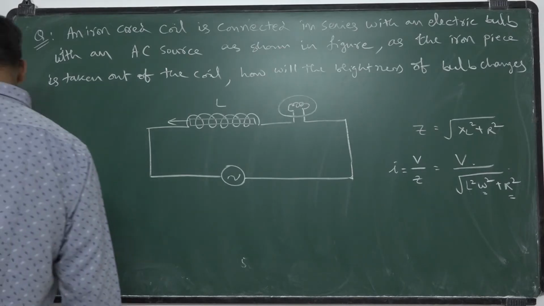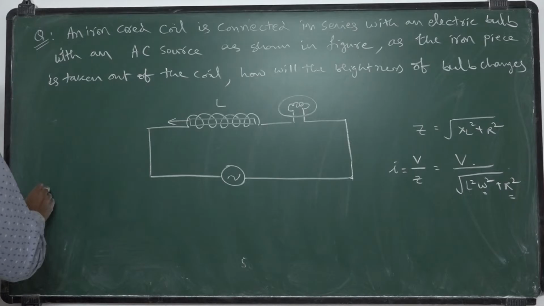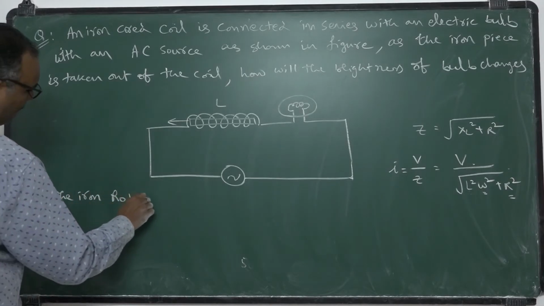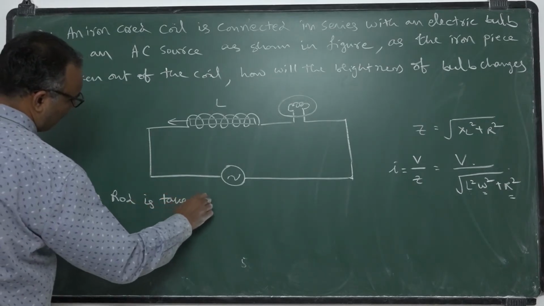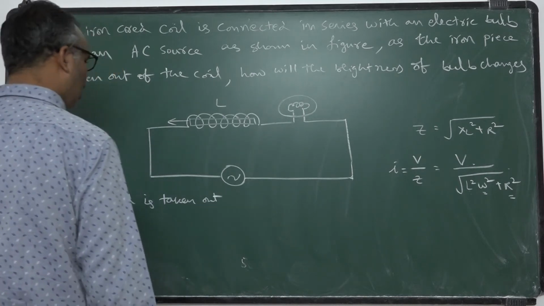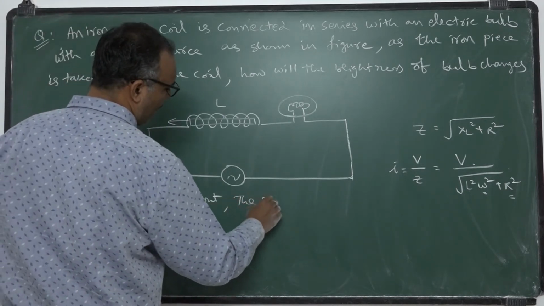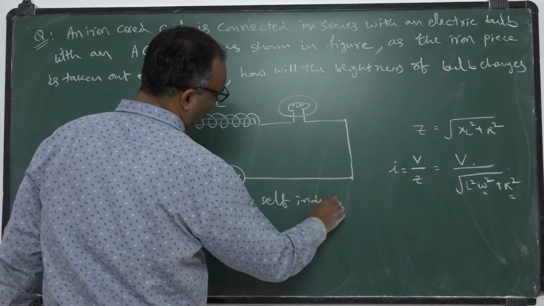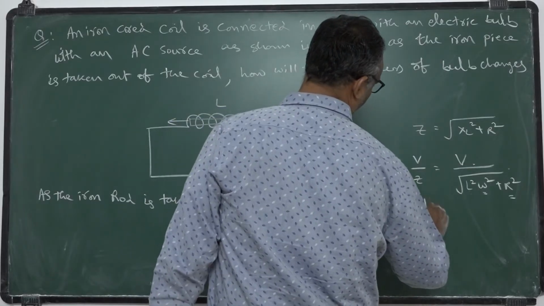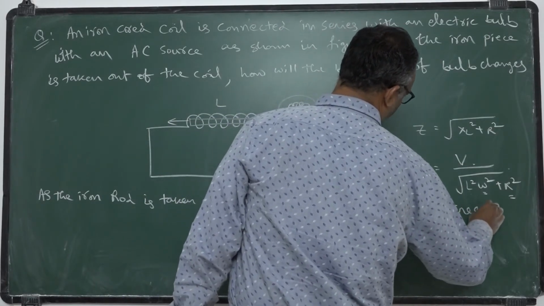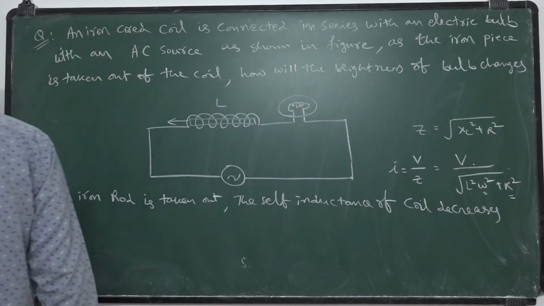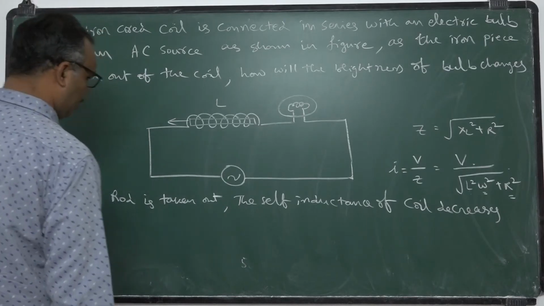So the solution is like this. As the iron rod is taken out, the self-inductance of the coil decreases. As self-inductance of the coil is decreasing, impedance of the coil decreases.